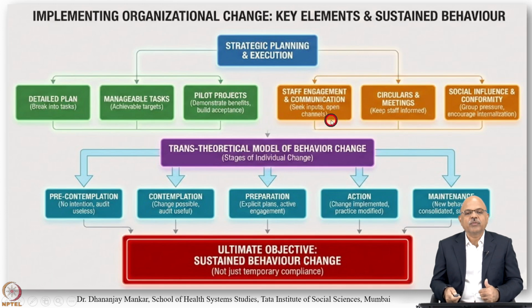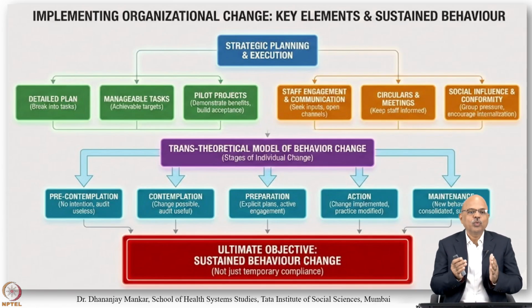On the other side, you have staff engagement and communication, which steps into inputs and open channels. Along with that, circulars are released and meetings are held, and social influence and conformity come from group pressure, engaging internalization.